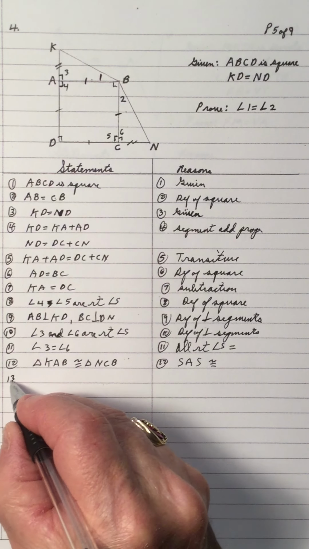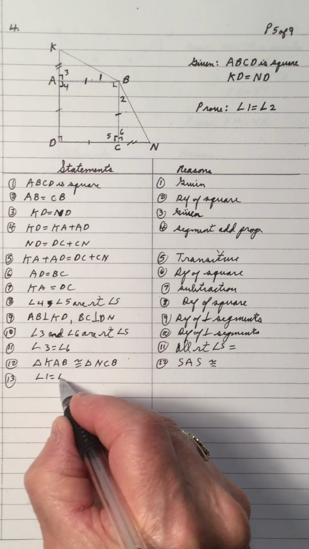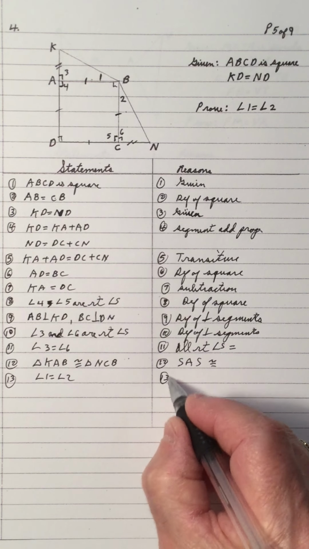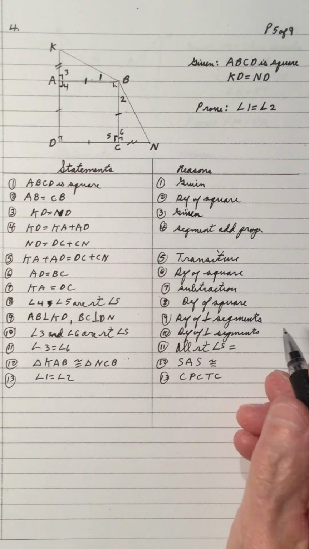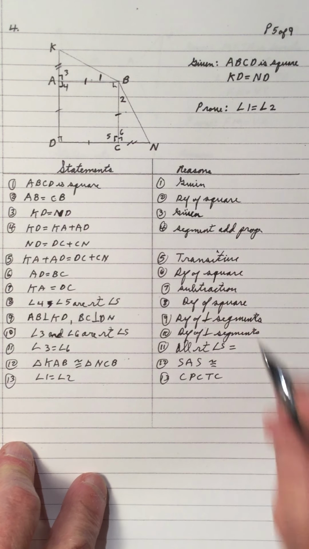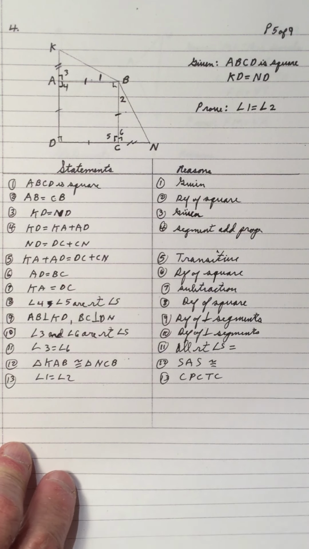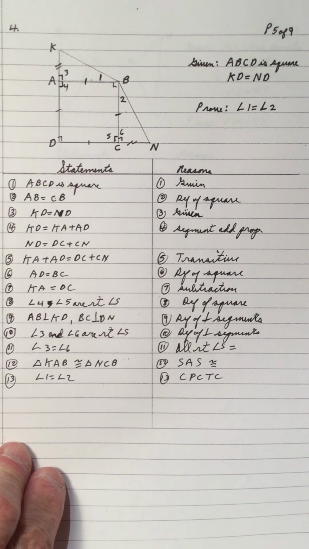We have angle 1 is equal to angle 2, CPCTC. Hopefully your proofs are going well, and if you didn't get it when you paused the video, now you see how the proof is being done using the properties of the square.